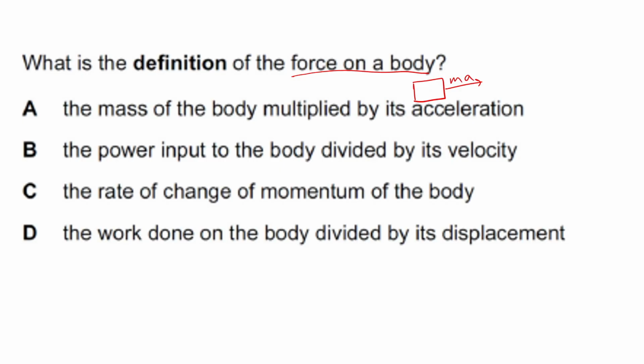For the second one, the power input to the body divided by its velocity. This is not necessarily it, because we're talking about force, not electricity, I'm pretty sure. For C, the rate of change of momentum of the body. So this is the rate of change of momentum over time.